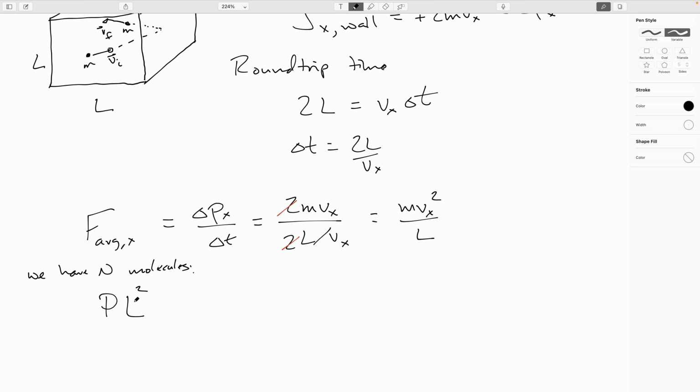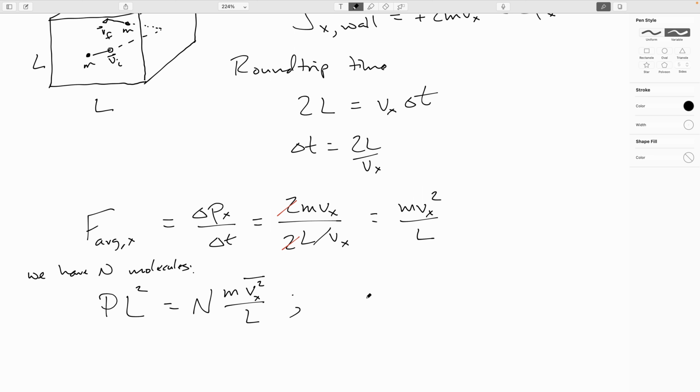Nothing changed for the analysis for one molecule versus N molecules, except that now we will have N times as many collisions. And what I'm going to need here is the average value of Vx squared in order to properly characterize the force.